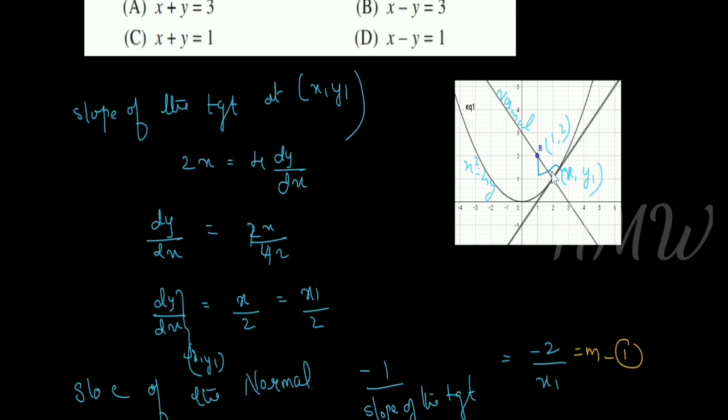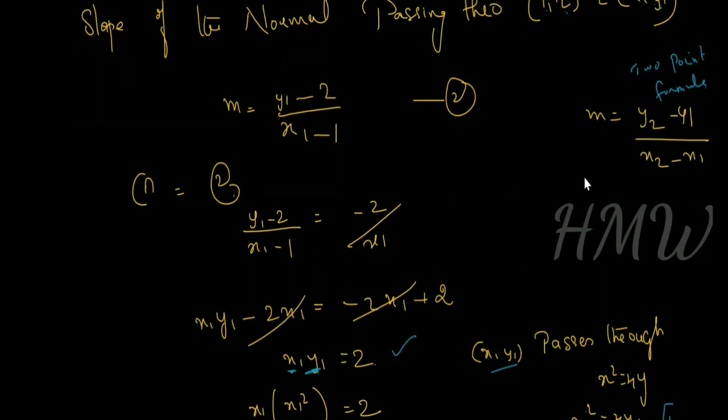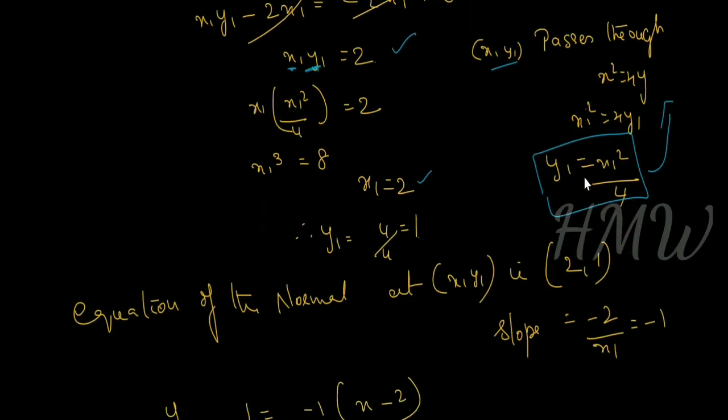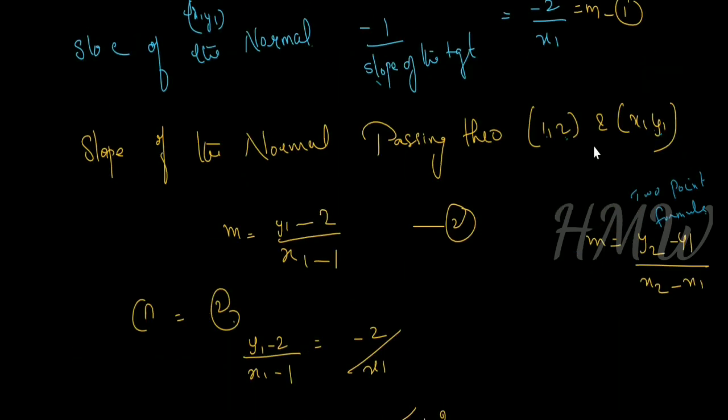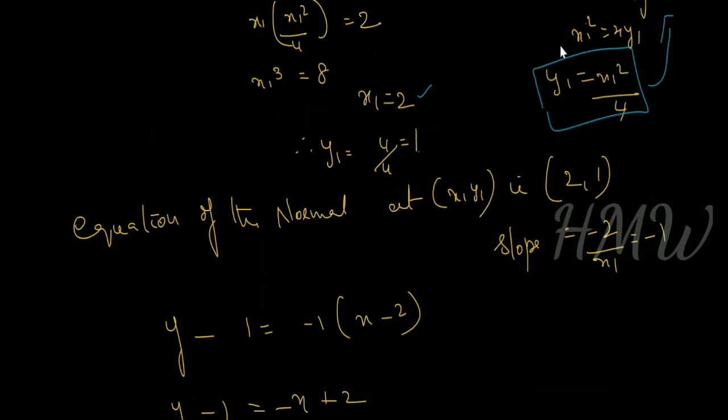So we can now find the equation of the normal at the point 2, 1. We know the slope of the normal is minus 2 by x1. Minus 2 by what is x1? 2. That is equal to minus 1.